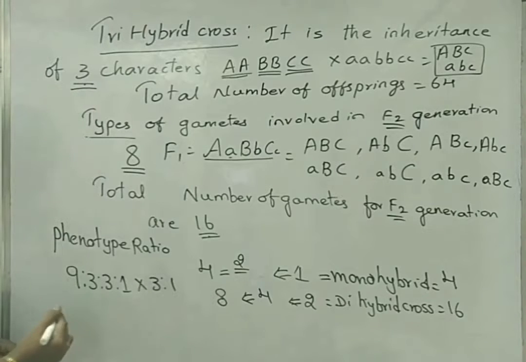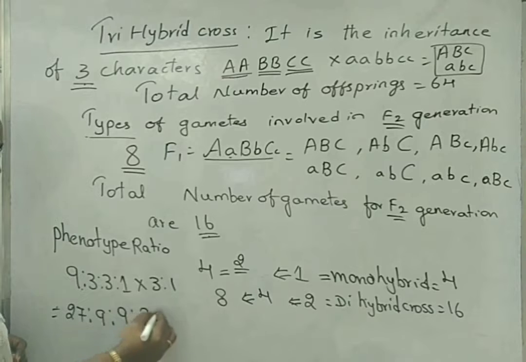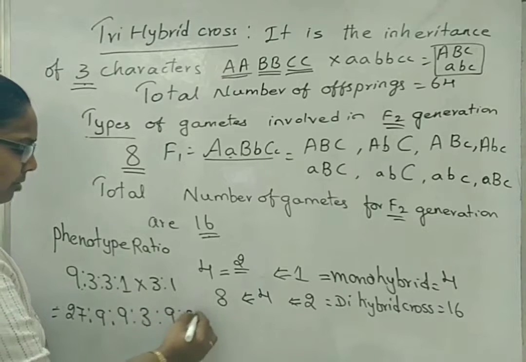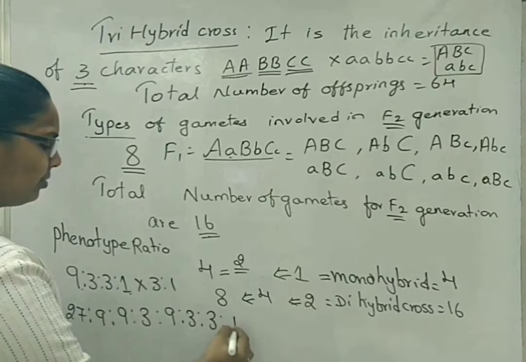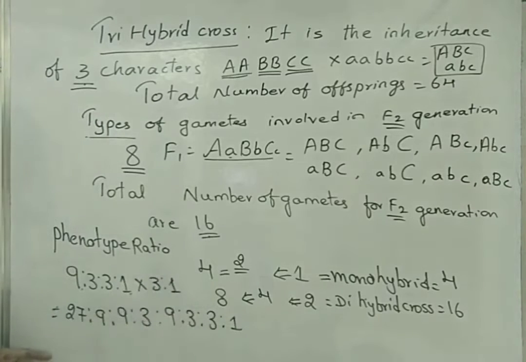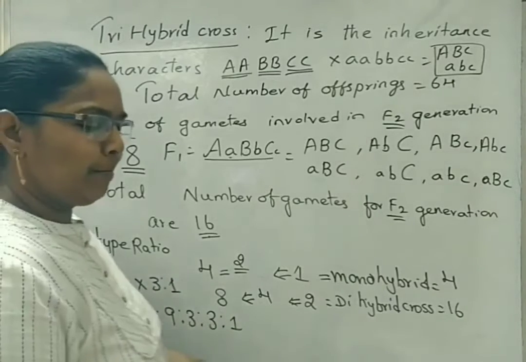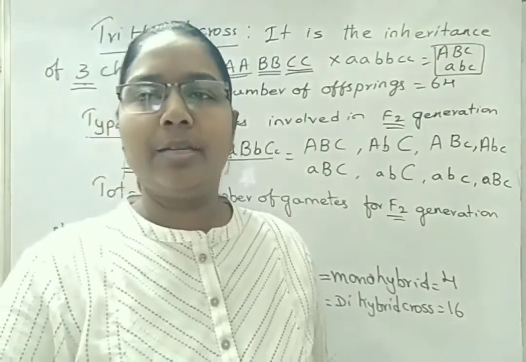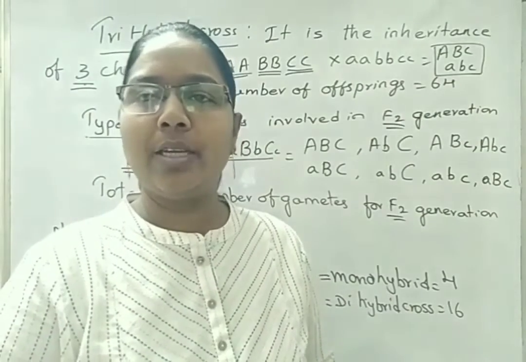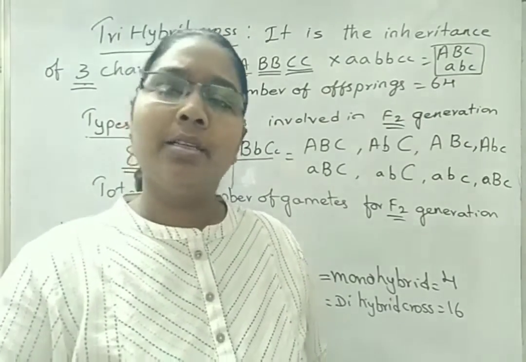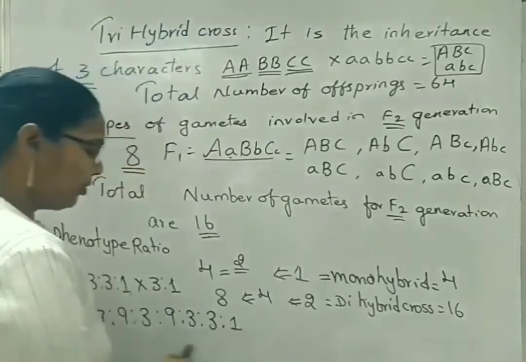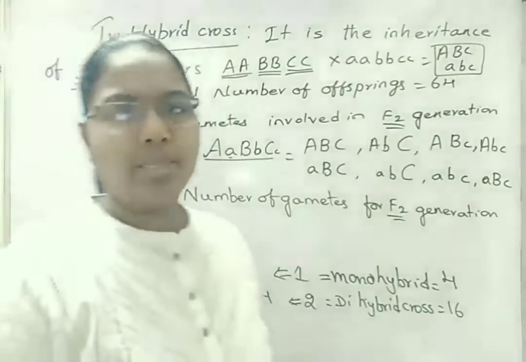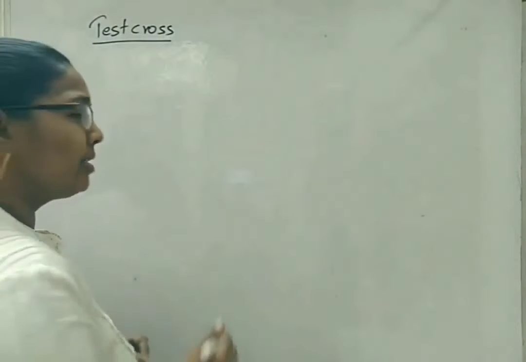So we will get a ratio like 27:9:9:9:3:3:3:1. You will get the ratio like this phenotypically. In the same way, if we multiply the dihybrid genotypic ratio with again one more extra ratio, that is 1:2:1, which we have seen in monohybrid cross, then we will get some different types of ratios like this regarding the genotype.